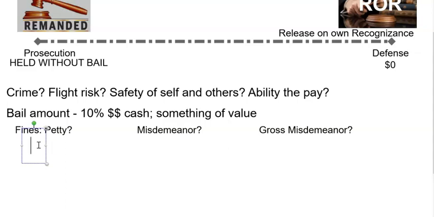The first one is the petty misdemeanor, and that is a maximum of $300. Minnesota state law says that anything over $300 is considered excessive for this type of crime.